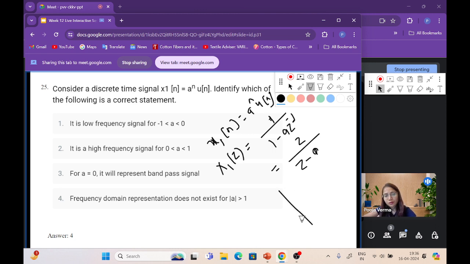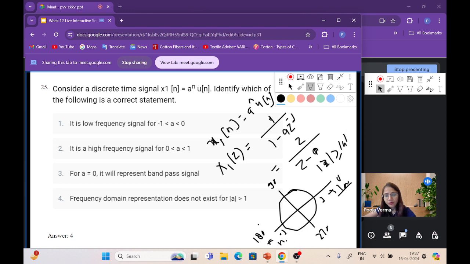And also we know that the range is -1 to 1, that is 0, 90 for digital filters, 180 degrees, 270 degrees. This area belongs to high frequency and this is the low frequency area. Okay, so from here, and also, what is the ROC? Mod of Z must be greater than or equal to mod of a.